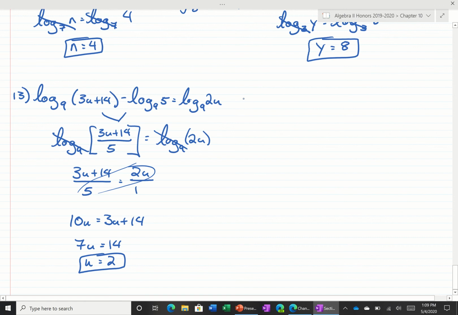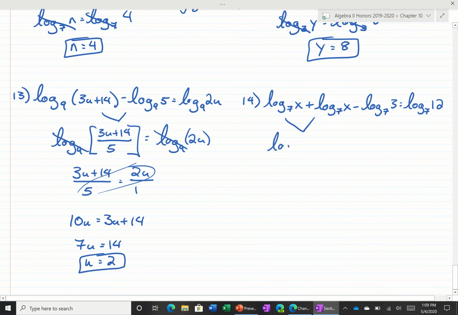Number 14, we have a combination of different properties. It says the log base 7 of x plus log base 7 of x minus log base 7 of 3 is equal to the log base 7 of 12. So let's try to do it one step at a time. Plus means we multiply. X times x is x squared. Subtraction means we divide.